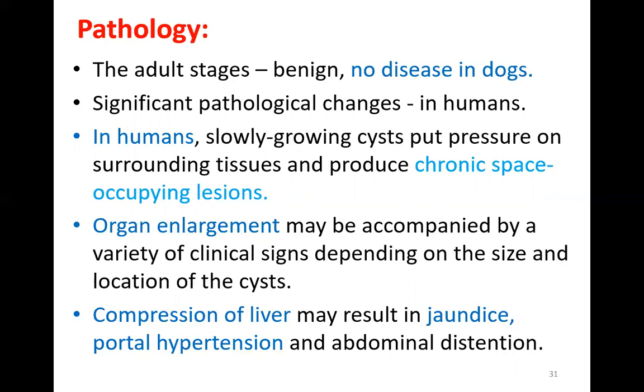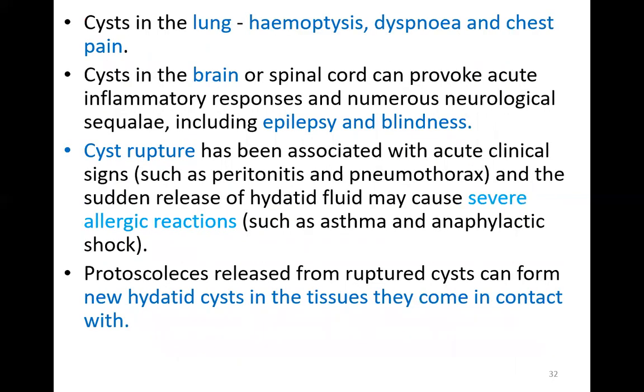Compression of the liver may result in jaundice, portal hypertension, and abdominal distension. If cysts are present in the lungs, there may be hemoptysis, dyspnea, and chest pain. Cysts, if present in the brain or spinal cord, can provoke acute responses and numerous neurological sequelae, including epilepsy and blindness.